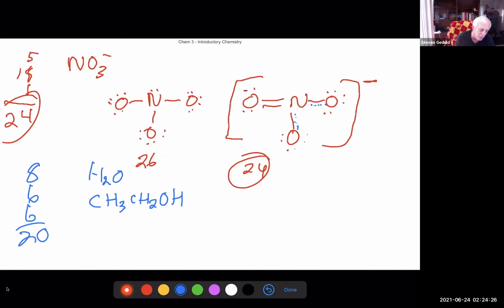Now notice how I wrote it out. You can write C2H6O, and that's still ethanol. But we write it out like that in organic chemistry, because it shows us how the structure is. It says there's a carbon with 3 hydrogens attached, and another carbon with 2 hydrogens attached.